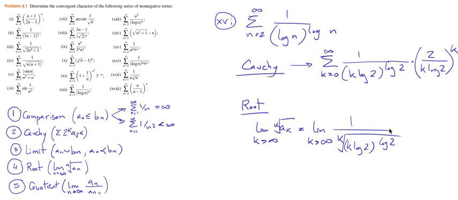But we know all of this is going to be 1 times 2 over k logarithm of 2, right? So this is going to be 1, and then this is going to 0 because we have 1 over k, right? So this is going to 0. This is smaller than 1, so that means this series is convergent. But if this series is convergent, then the original one is convergent.